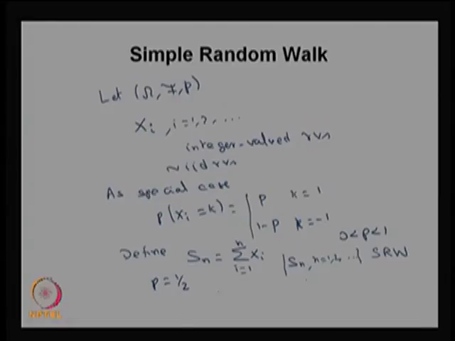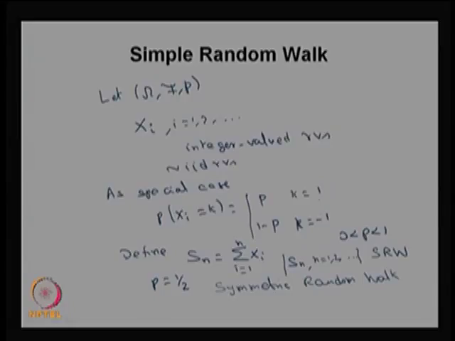Then that random walk is called a symmetric random walk. Why is it symmetric? Because with probability 1/2 it takes a forward step, or with probability 1/2 it takes a backward step. Therefore, that type of random walk is called a symmetric random walk.